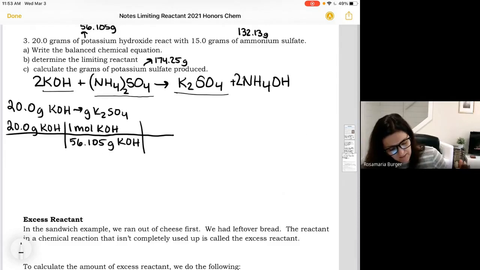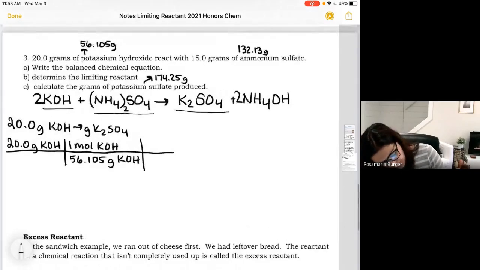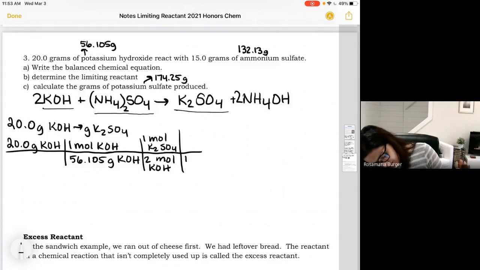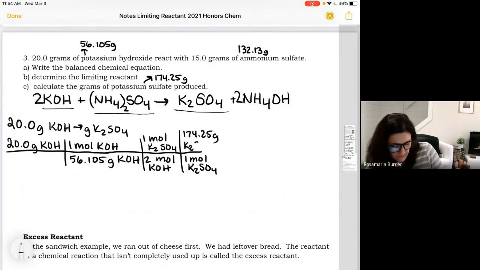Okay. And then our balanced chemical equation: for every 2 moles of KOH, I get 1 mole of K2SO4. And for every 1 mole of K2SO4, I get 174.25 grams of K2SO4.